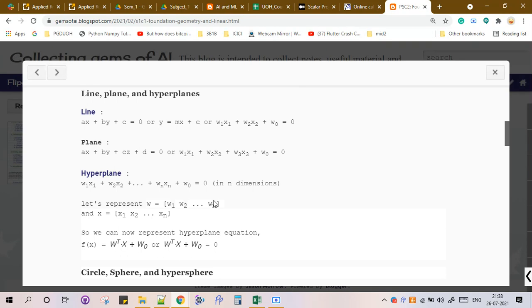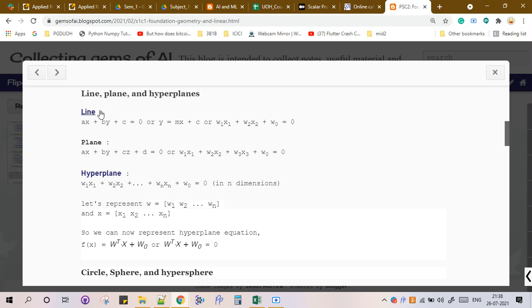If you have three features, length, width, and height, then it is 3D. So the plane equation would be ax plus by plus cz plus d equal to 0. But we have seen we can have 100 features, and we only have 26 alphabets in abcd, right? So what we do, we just generalize everything in terms of w and x.